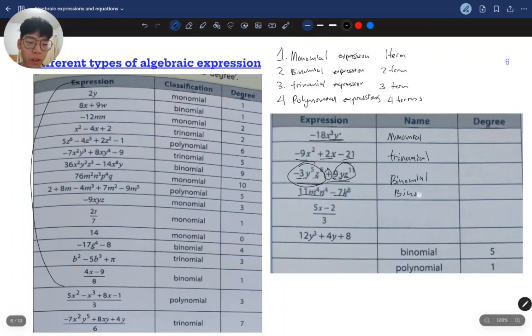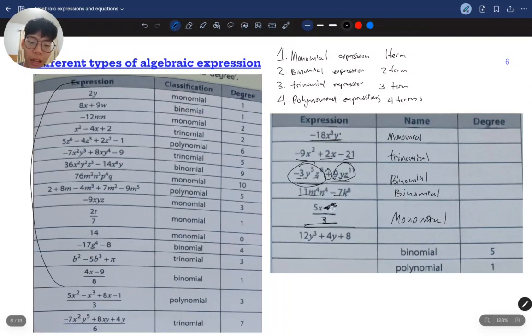Binomial. But some of you might also ask, there are negative numbers here, but why is this monomial? Because this negative 2 is considered inside of dividing by 3.